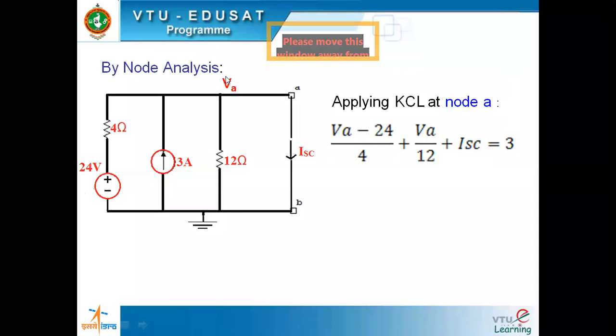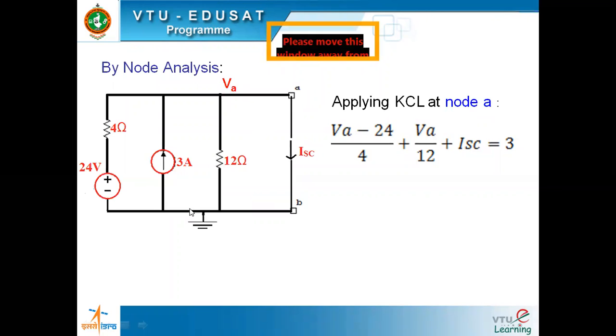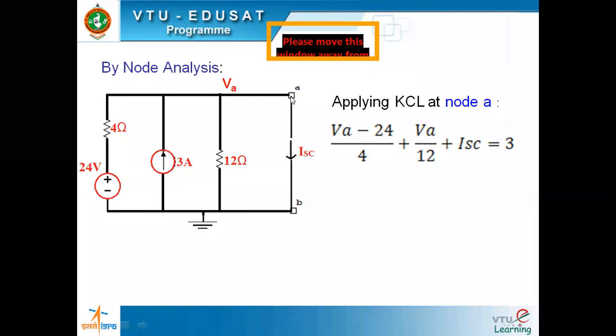What is the voltage at ground? It is 0 volts. Since terminal A is connected to B, and B is connected to ground, it is as good as saying A is connected to ground. So the voltage at node A is 0. In that sense, VA is 0.